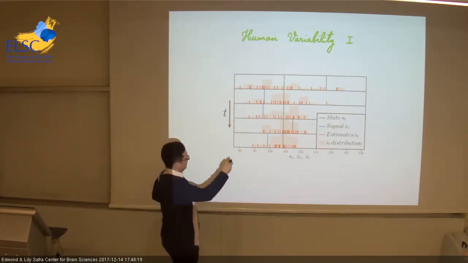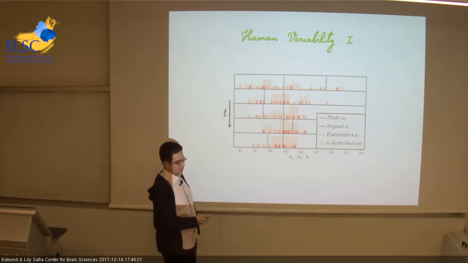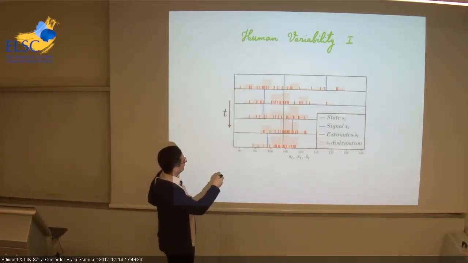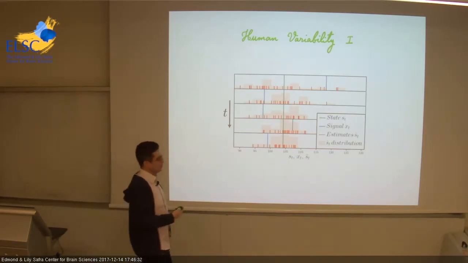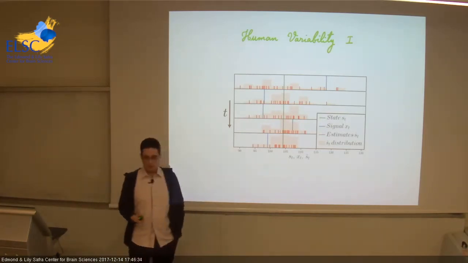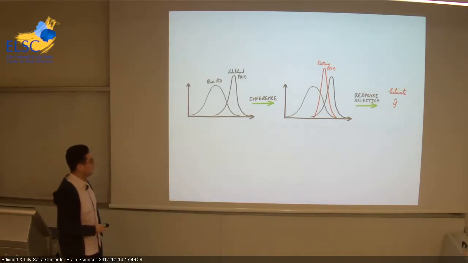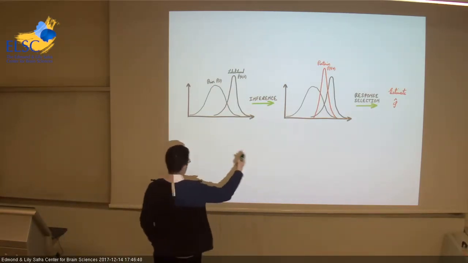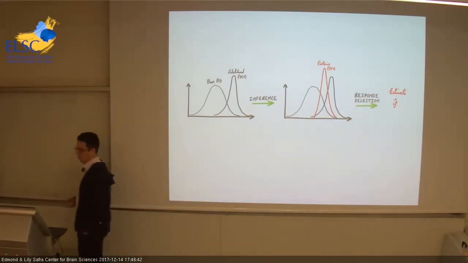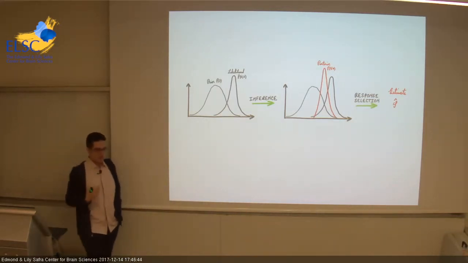The true state doesn't move in these five trials. The observations, the stimuli, are these blue ticks, and the subjects respond with these red ticks. There's quite a bit of variability, and none of these models will give you any variable behavior. So in that way of thinking about inference, how would you come up with variable answers?